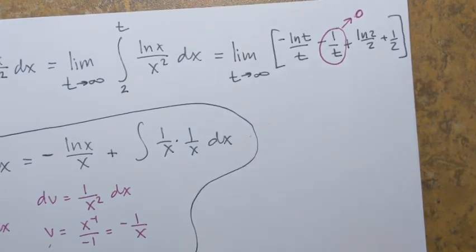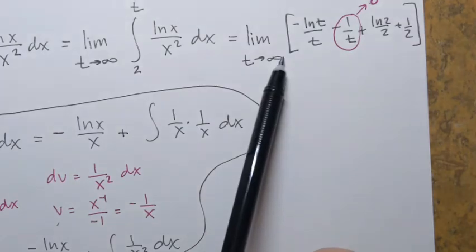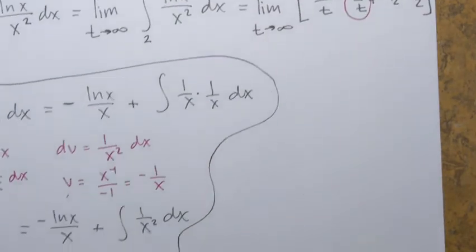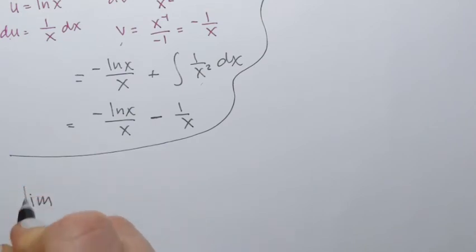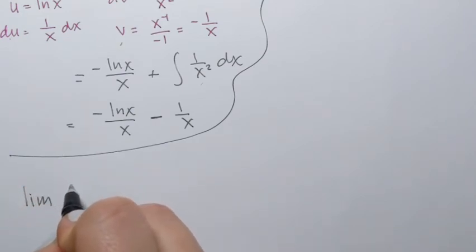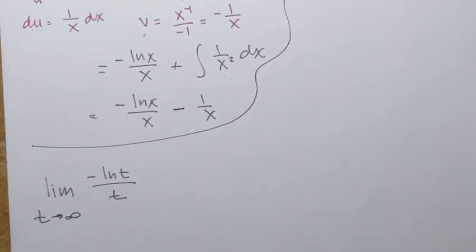So that was my integration. Let me write this on the side and see what the limit of that is. So I'm trying to figure out what the limit of negative ln of t over t is as t approaches infinity. So that's my scratch work.